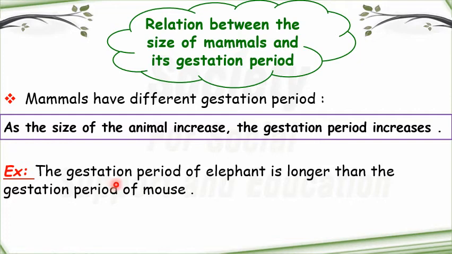So, the gestation period اللي هي فترة الحمل in elephants is longer than that in mouse because the size of the elephant is much bigger than the size of the mouse.